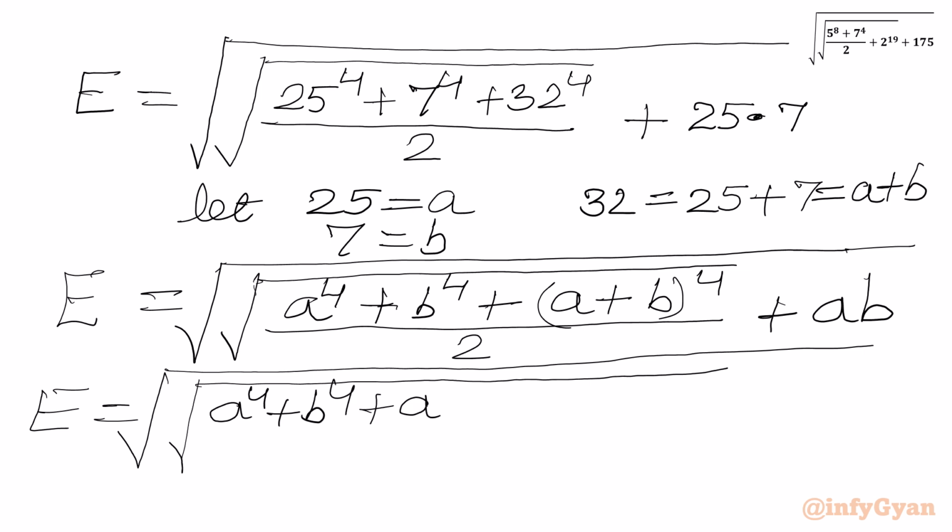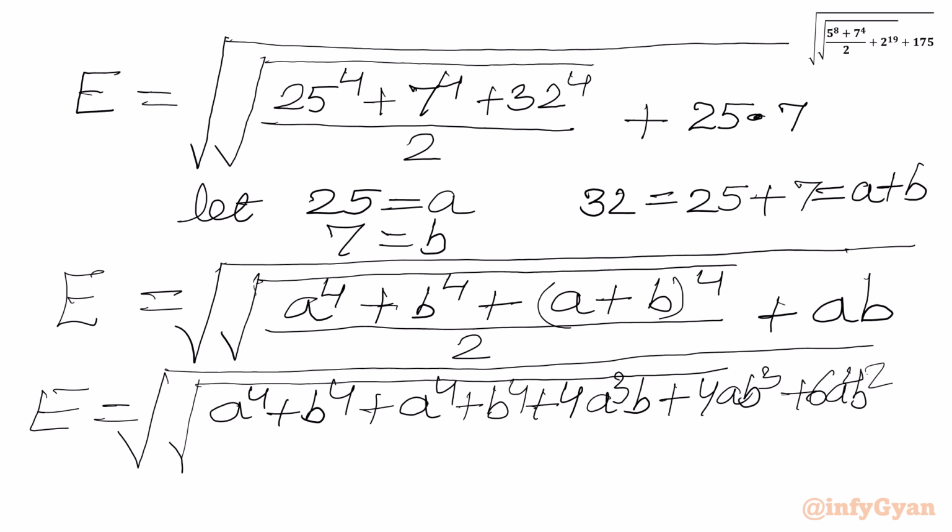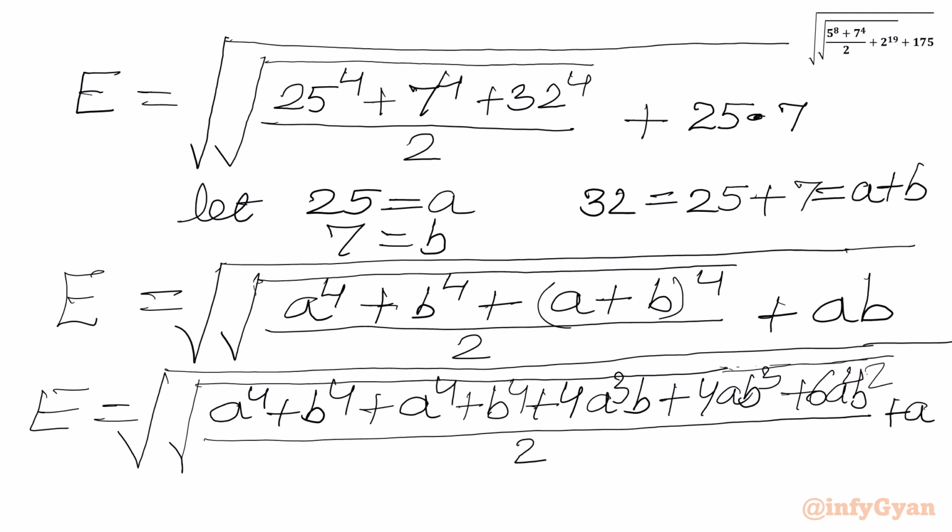Now we will write expansion of A plus B whole power 4, which will be equal to A power 4 plus B power 4 plus 4A cube B plus 4AB cube plus 6A square B square over 2. And then here I will write plus AB.